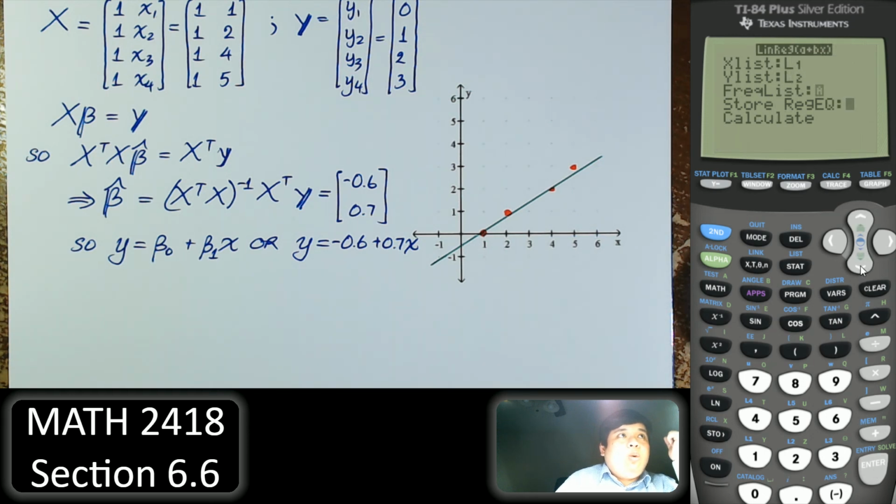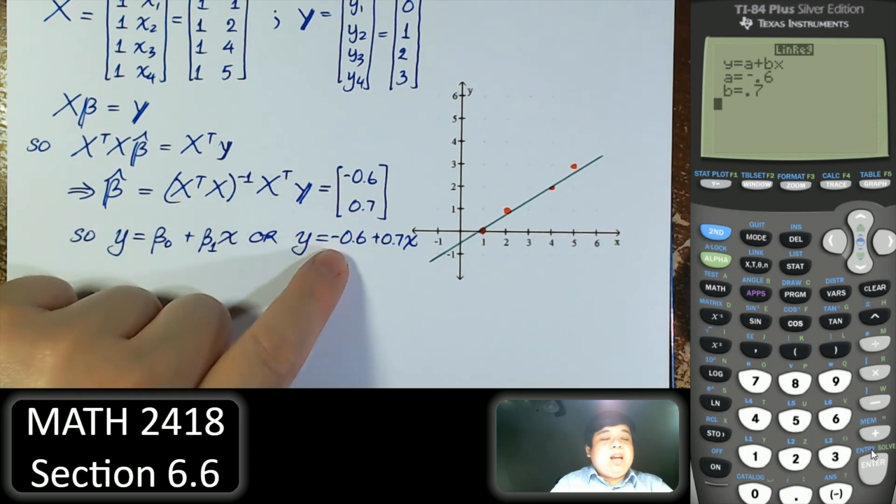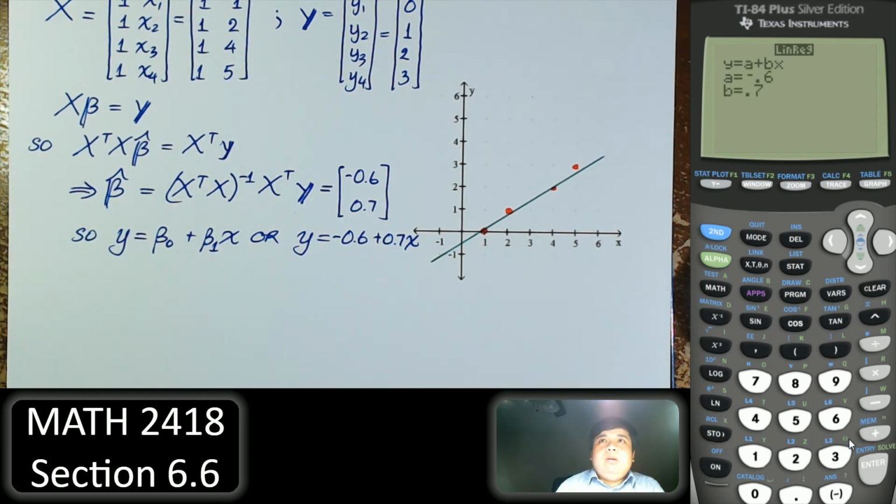If we want to do the equation, let's store that into the Y variable function, store Y1. Right. And then just go down and calculate. Of course, we have the same equation. Once again, to clear the list, hit stat, edit, highlight the list, clear, enter. Right. So we have the equation.